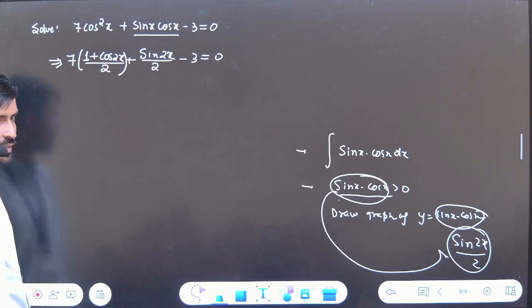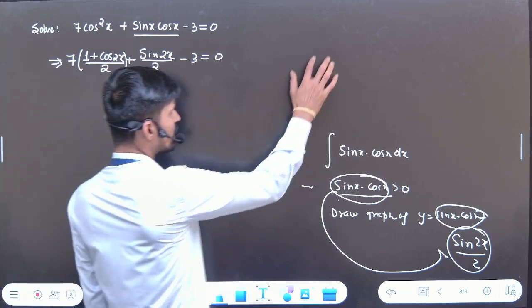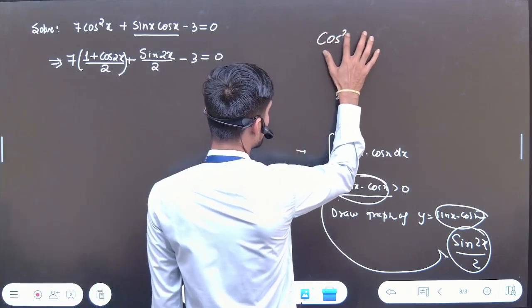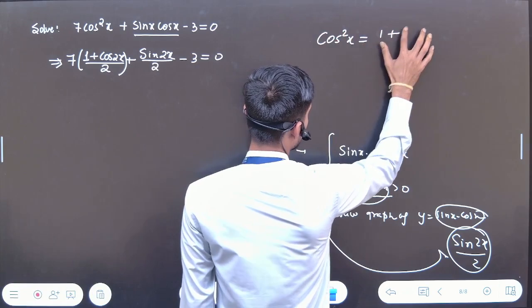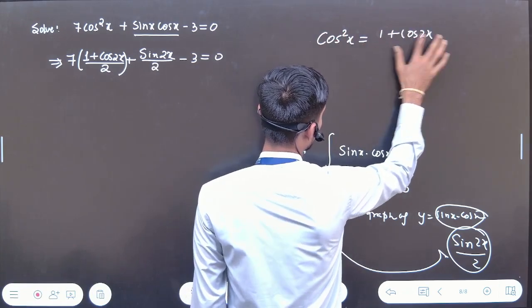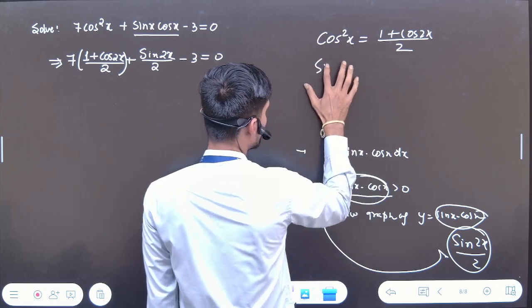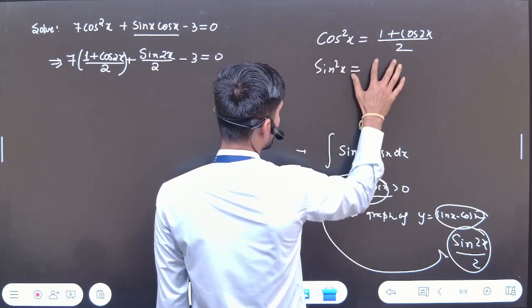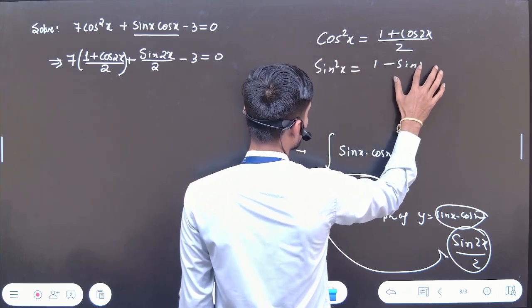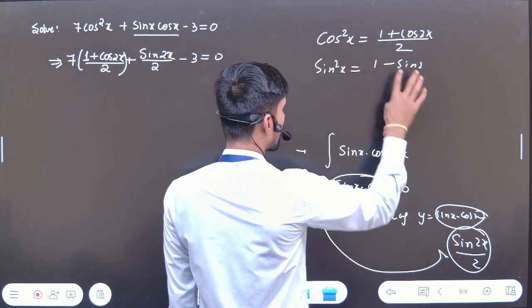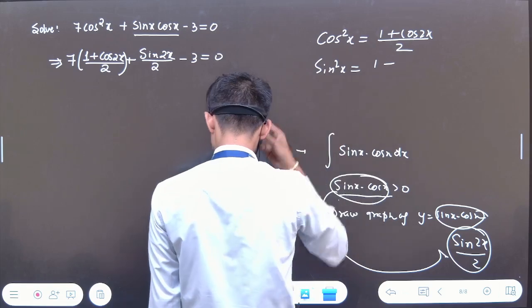This is the formula we have for cos square x. Cos square x formula in 2x: 1 plus cos 2x by 2. Sin square x formula in cos 2x: 1 minus, not 1 minus sin 2, 1 minus cos 2x by 2.